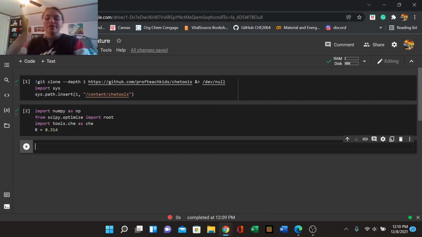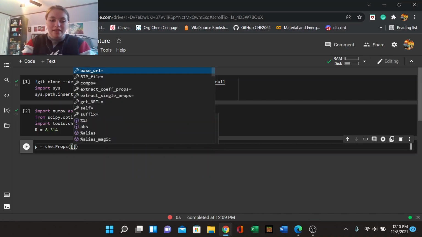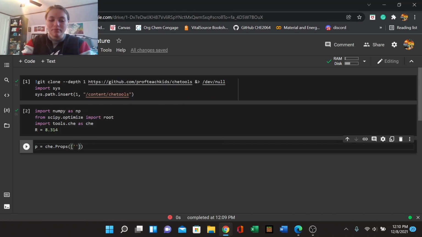First things first, we've got to insert our properties, with parentheses and then brackets. Then we put in every single one of our components in the system. So we have methane, ethane, and propane, that's just the way the system recognizes it.